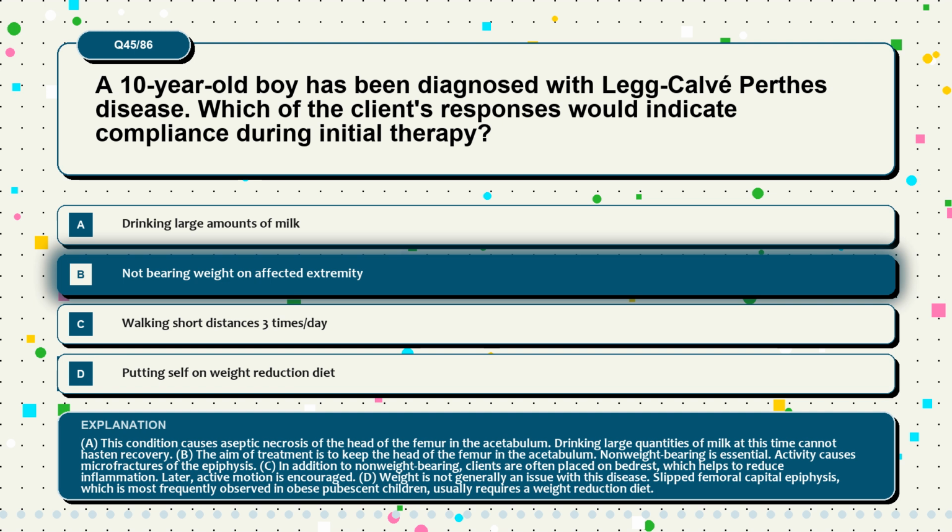C. In addition to non-weight bearing, clients are often placed on bed rest, which helps to reduce inflammation. Later, active motion is encouraged. D. Weight is not generally an issue with this disease. Slipped femoral capital epiphysis, which is most frequently observed in obese pubescent children, usually requires a weight reduction diet.